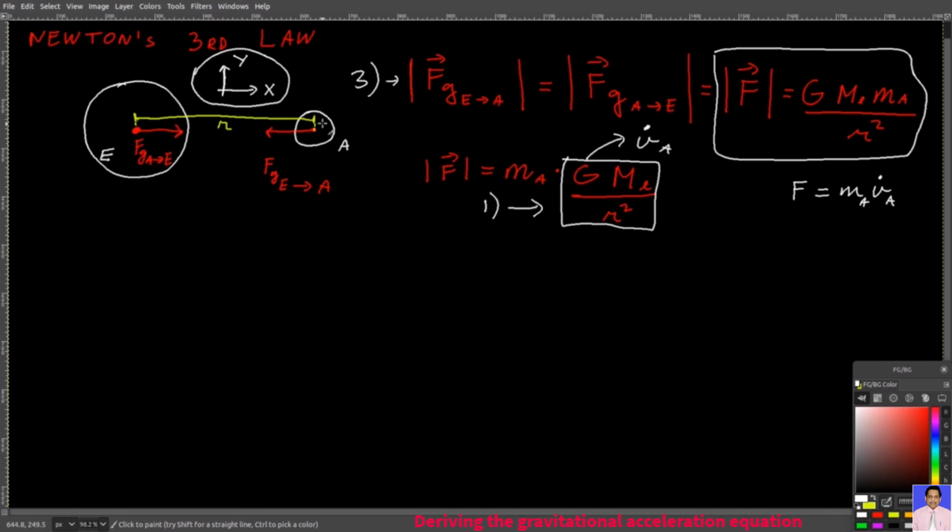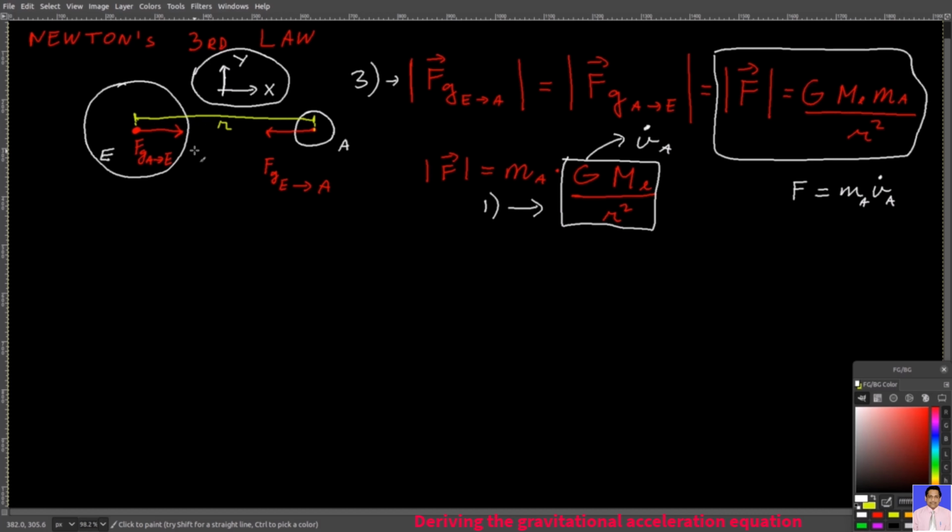In other words, object A accelerates towards the Earth, but it's important to understand that this acceleration is measured with respect to this fixed inertia frame, not with respect to the Earth. That's because the Earth also moves a little bit with respect to this inertia frame.